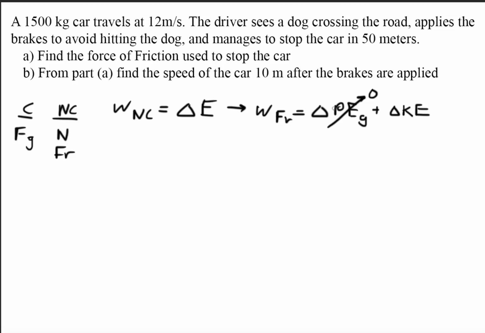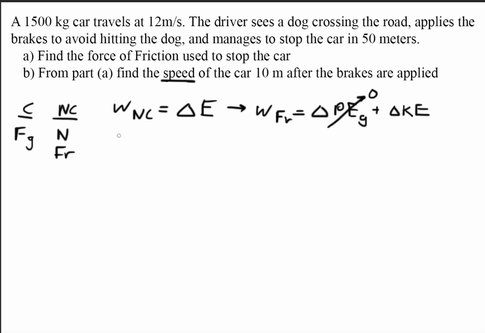Your initial potential energy is 0 joules, and your final potential energy is also 0 joules. Did those values change? Is there a differential? No. Therefore, there is no change in potential energy. But there is a change in kinetic energy, because we start off with 12 and we're going to end up with some different speed value here.